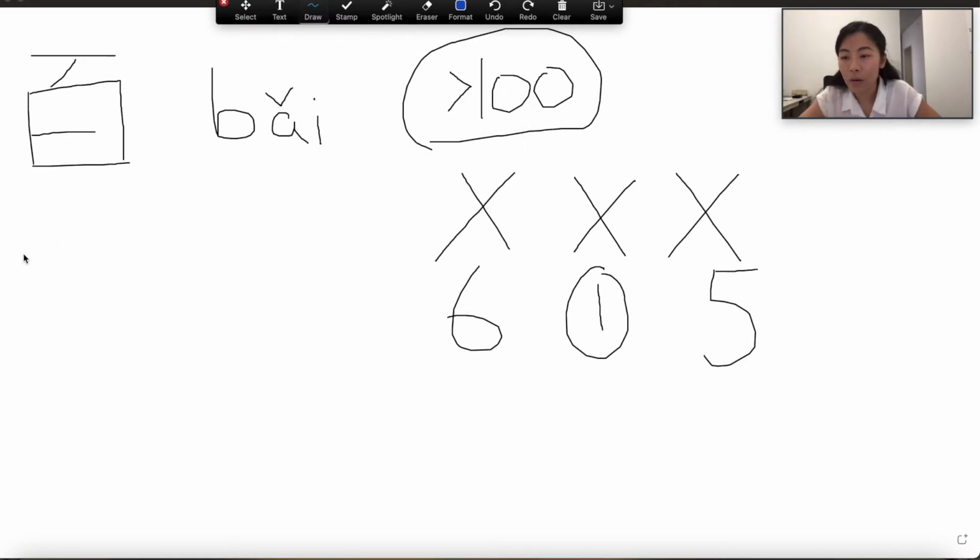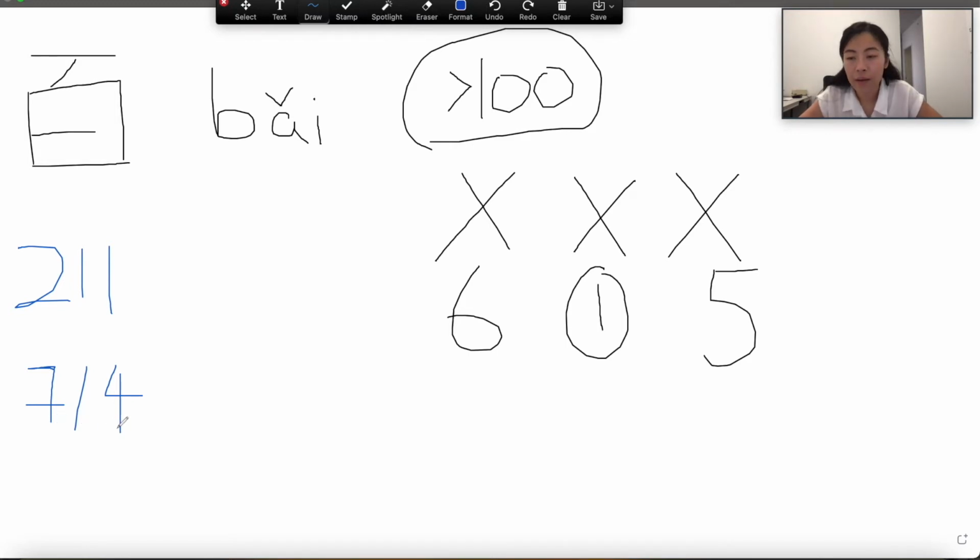For example, let's say my number is 211, that will be 211. So for example, 714, that's my new example. That will be 714.